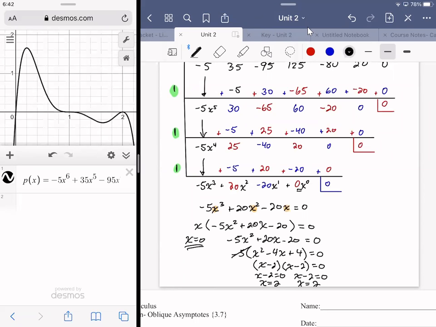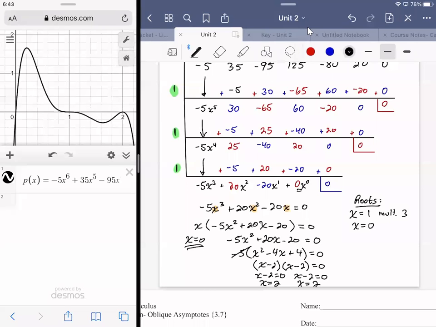So our answer, our roots: x equals 1 with multiplicity of 3. We have x equals 0. If it only has a multiplicity of 1, meaning it only happens the one time, then you don't have to say its multiplicity, because it's not multiple.